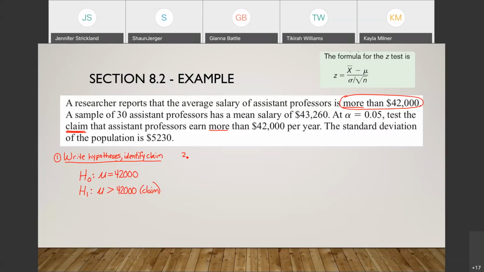All right, so second step is the critical value. We also talked about that Monday. So that is where you are drawing a curve and you are shading either left tail or right tail or both tails.